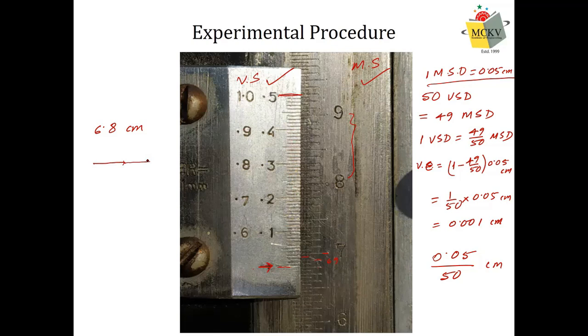It will not be above or below the main scale line. Suppose this one, the 20th vernier, you observe it is slightly above the main scale line. Whereas if we look at the 30th, it is slightly below.